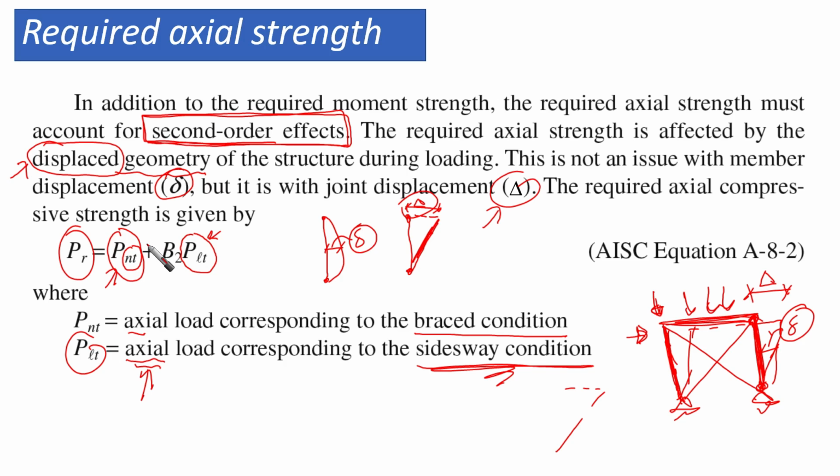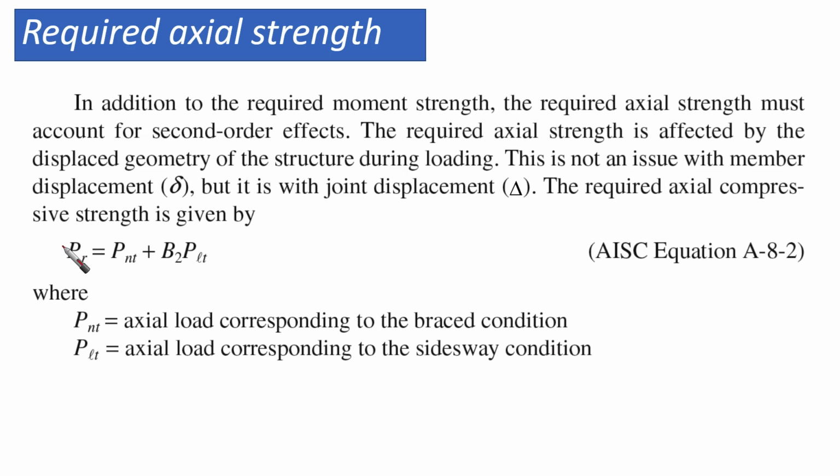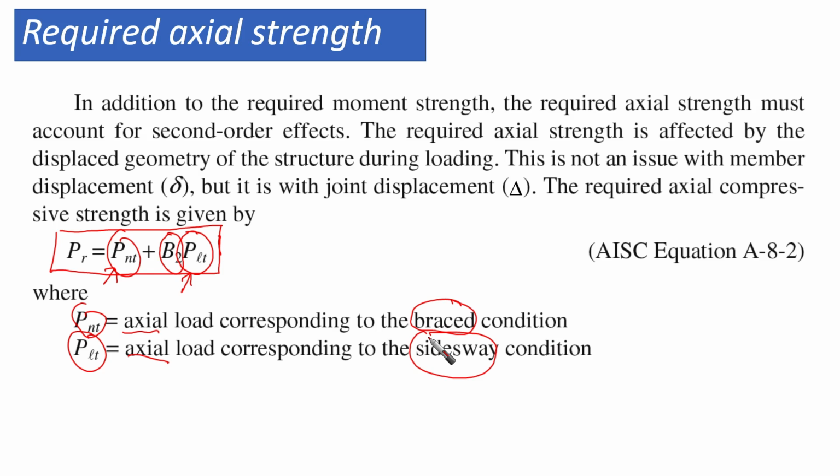The required axial compression strength is given by this equation that we need to take into consideration, which is PNT plus B2 times PLT. PNT and PLT, both of them are axial loads, one coming from the braced condition, the other coming from the sidesway condition. So remember that well.